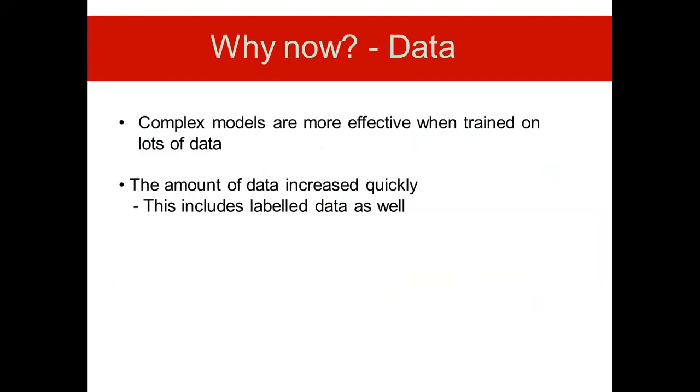Nowadays, we are gathering a huge amount of data in many domains, and also in recommender systems. We get a huge amount of user interactions with the recommender systems, so that we can apply very complex deep learning models now.